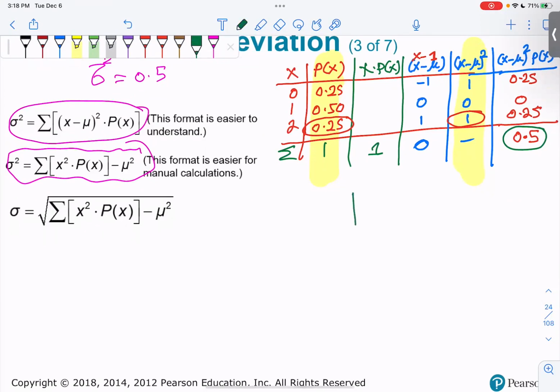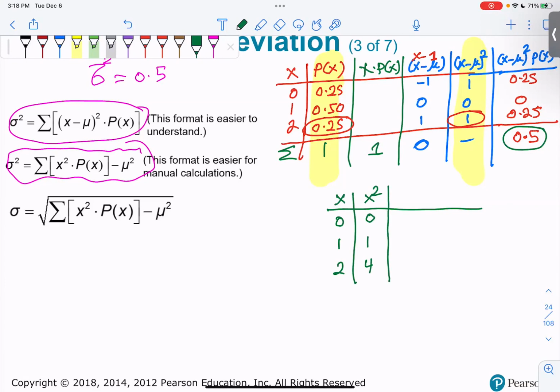So let's just do it here. We have to find x squared. X squared equals what? Three values. So x and then x squared. So 0, 1, 2, and then x squared is what? 0, 1, 4, right? Just square the values.